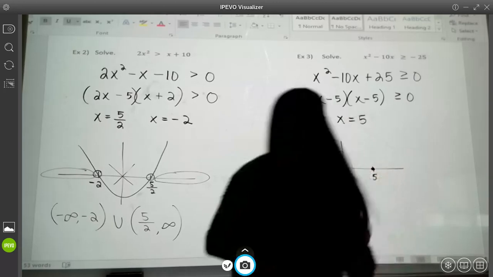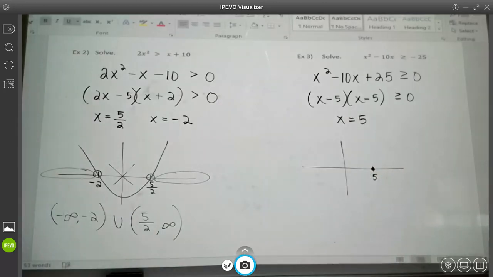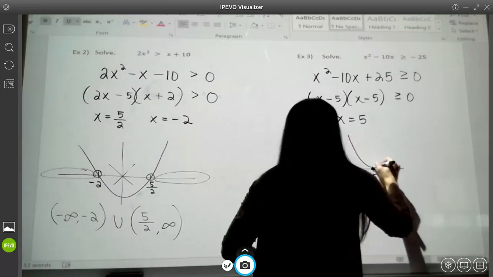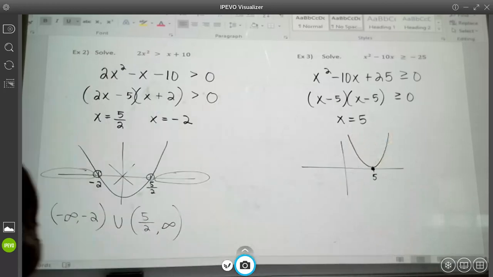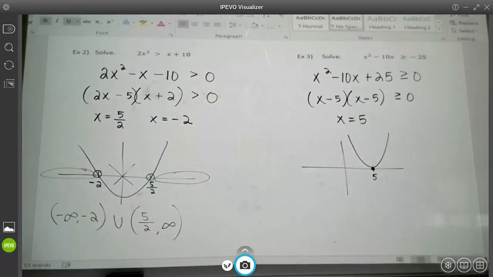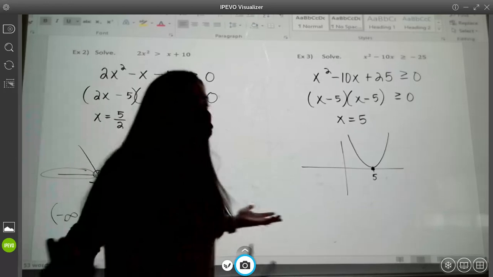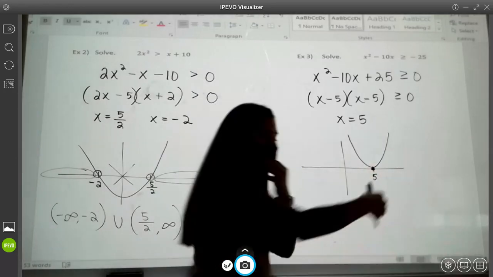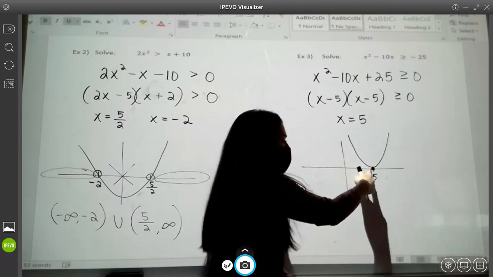All right, so guys, let's play the field, right? We only have 2 sections. We have to the left of 5 or we have to the right of 5. According to the graph, if you plug a number to the left of 5 in, what kind of numbers come out of this expression? Positive. Are positive numbers greater than or equal to 0? Yeah, these are good guys.